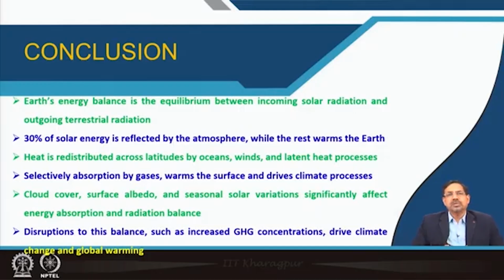And disruption to this balance, such as increased greenhouse gas concentration, which is happening at a faster rate because of anthropogenic causes, human driven causes, drives the climate change and global warming, and it is happening at a very fast rate.